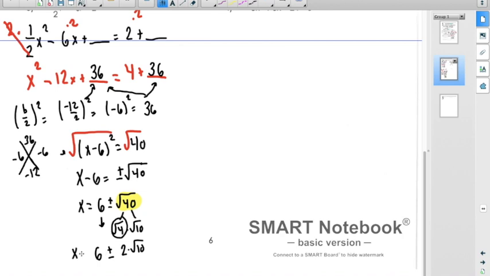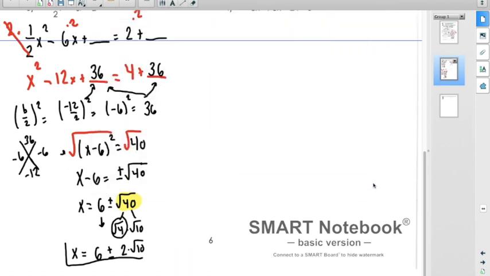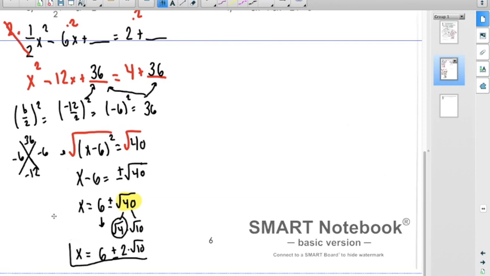So x really equals 6 plus or minus 2 radical 10. Just some other stuff from the previous unit coming into play here.